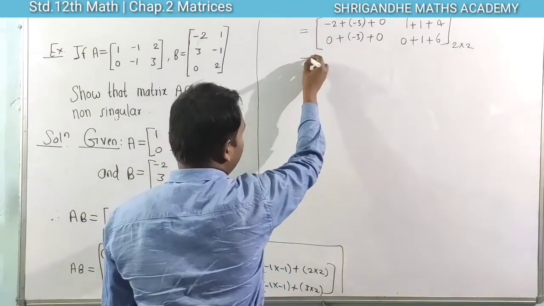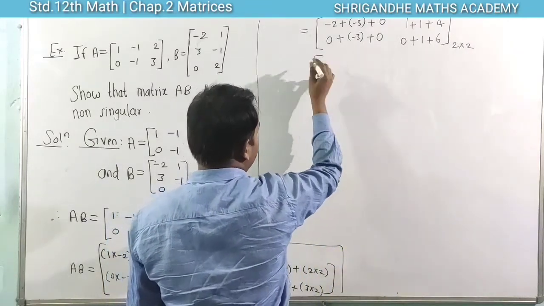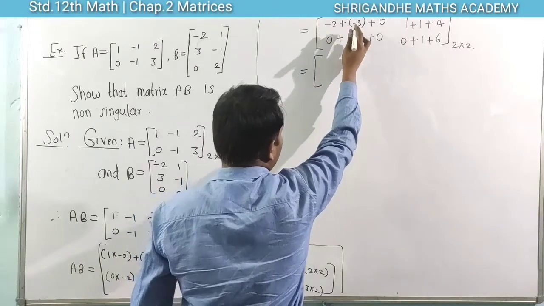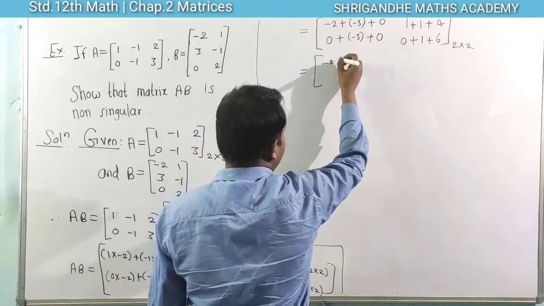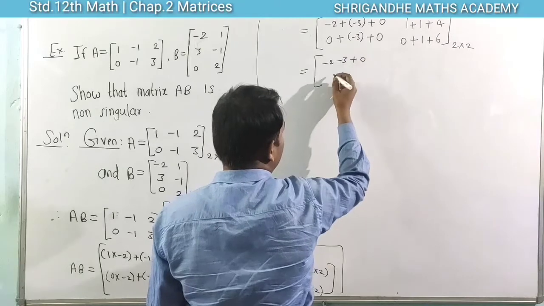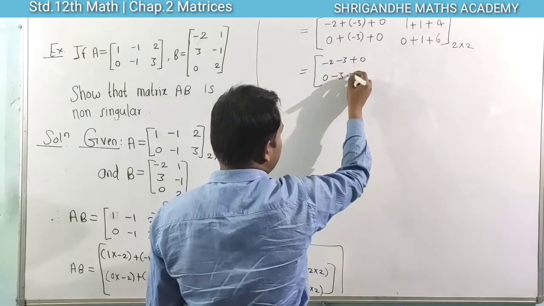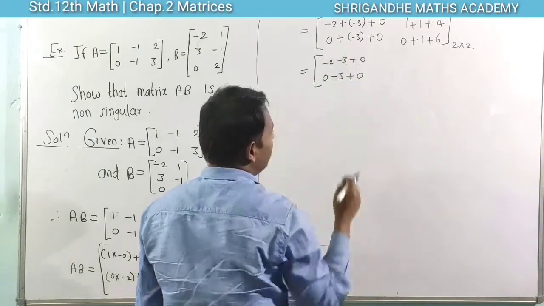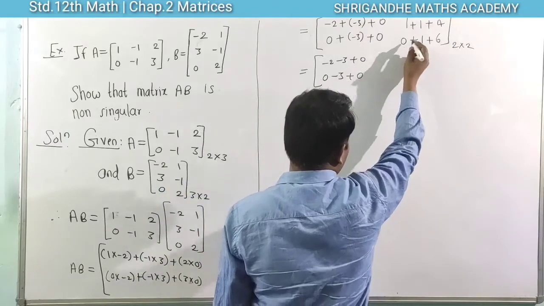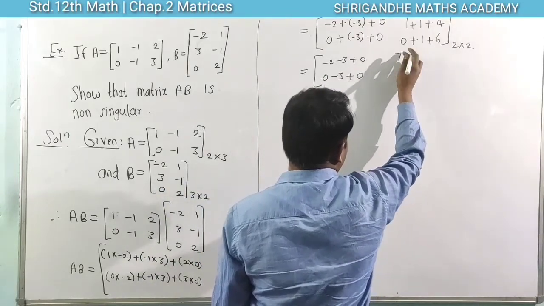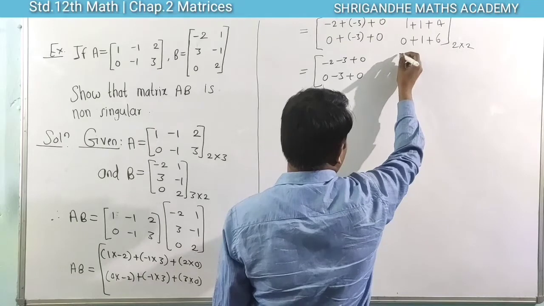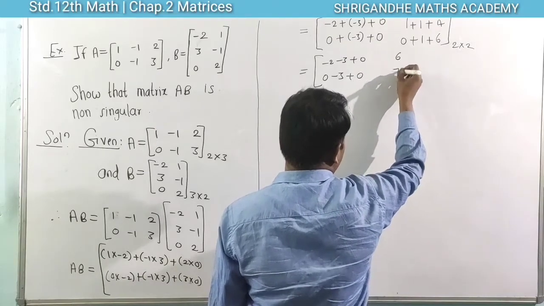Therefore this is equal to matrix minus 2 plus minus 3 plus 0, 0 minus 3 plus 0, because plus minus is minus. Next 1 plus 1 is 2, 2 plus 4 equal to 6. Next 1 plus 6 equal to 7.